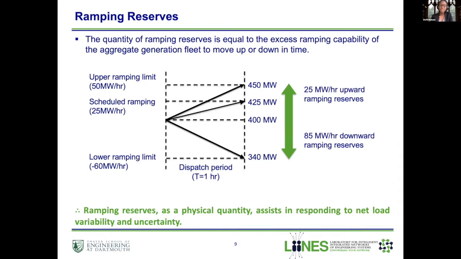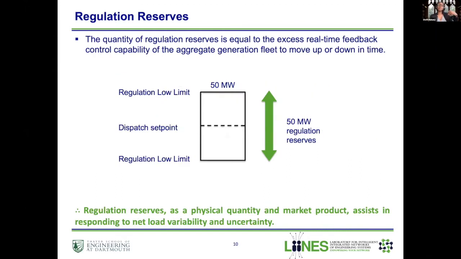Similarly, ramping reserves represent the ability to move up or down with your generation fleet in time. And so if you had a generator that could ramp at 25 megawatts an hour, this generator can provide you with 25 megawatts an hour of upward and 85 megawatts an hour of downward ramping reserves. Regulation reserves are slightly different in the sense that they are an automatic feedback control that some generators have, to give them the ability to track the net load.